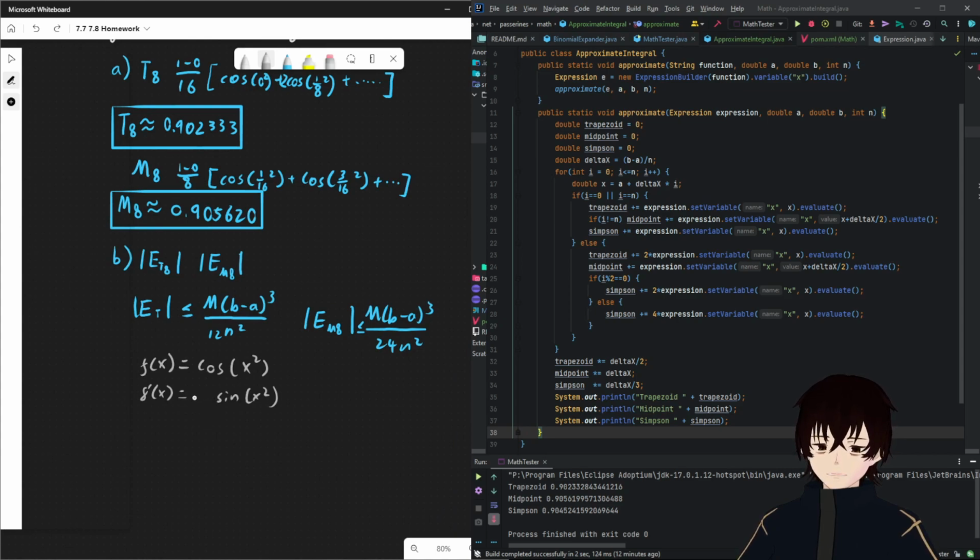Negative 2x sine x squared. f double prime of x would be equal to negative 2x times 2x cosine x squared, minus, no, plus negative 2 times sine of x squared. Is that right?